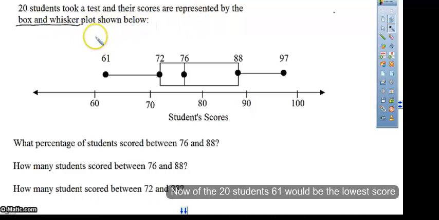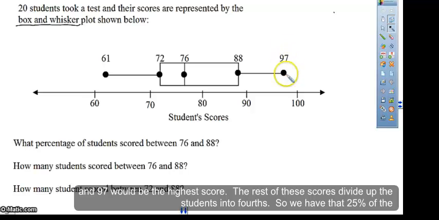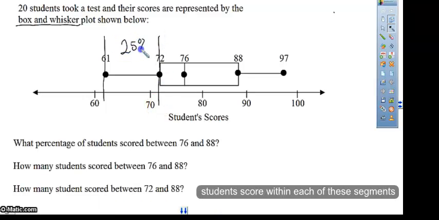Now, of the 20 students, 61 would be the lowest score and 97 would be the highest score. The rest of these scores divide up the students into fourths. So we have that 25% of the students score within each of these segments.